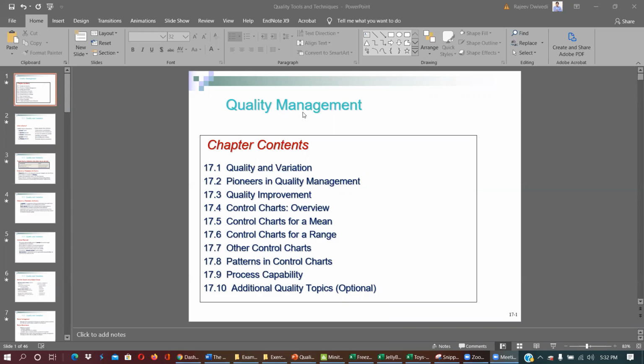So this is quality management, and this is chapter number 17 of the book. There's a role of quality management in every process in business.